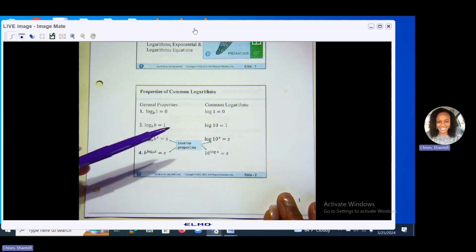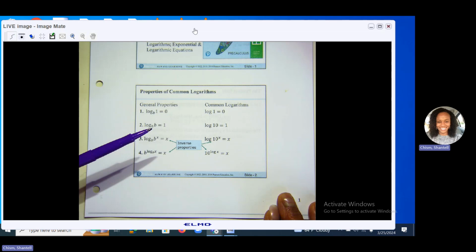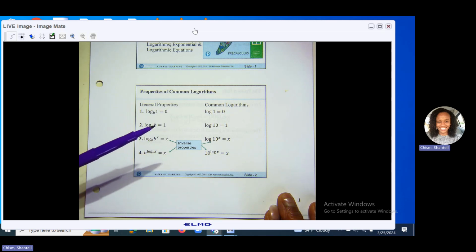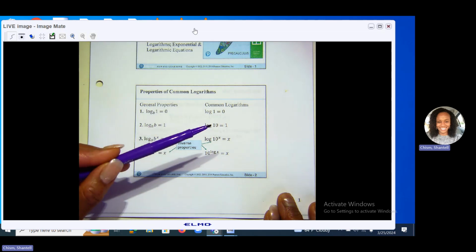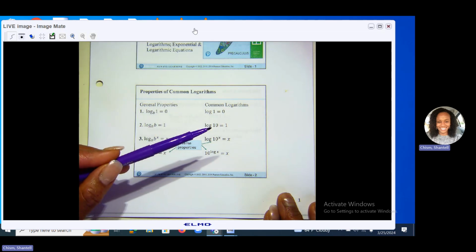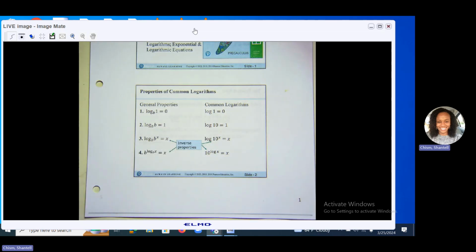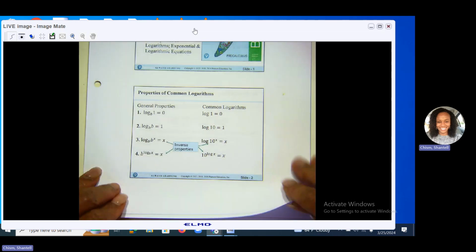Or better yet, it's maybe easier to look at it in this format first, where b and b are the same, and they just basically equal 1. So in other words, b raised to the first power is just b. Or in other words, anything raised to the first power is just itself. Okay? So base 10 raised to the first power would just be 10. So just some common properties that I wanted to mention.